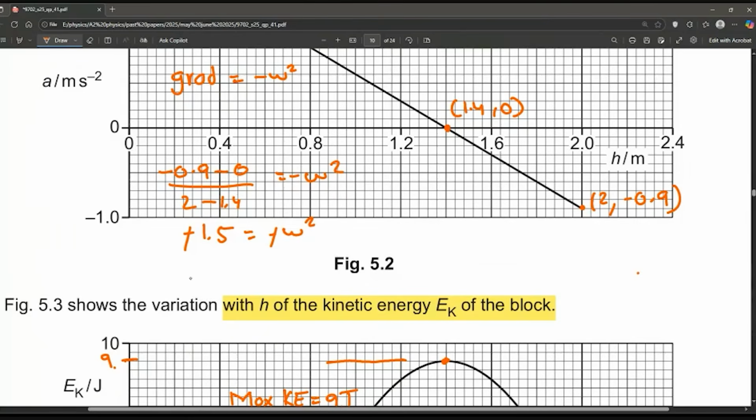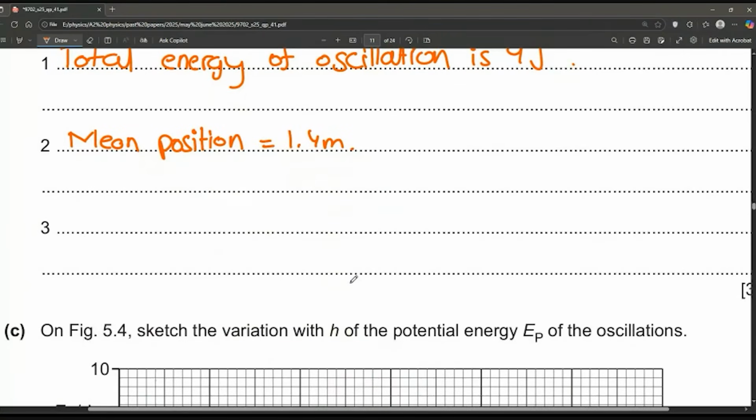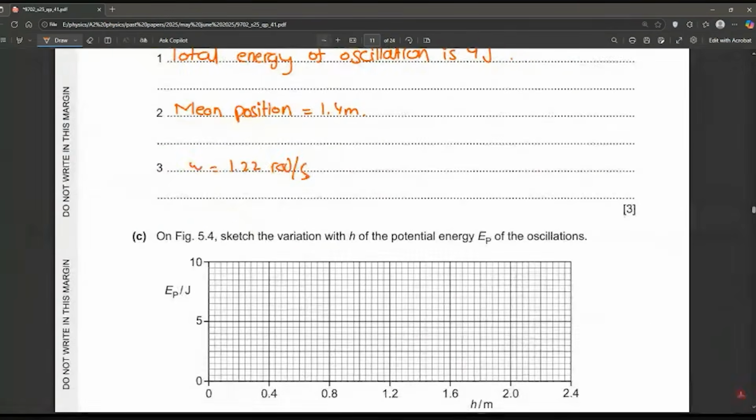Taken under root, w comes out to be under root 1.5, that is 1.22. So w is equal to 1.22 radians per second. These are your three quantitative or number based conclusions.